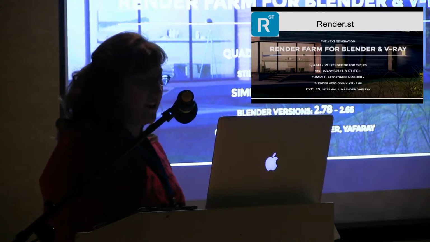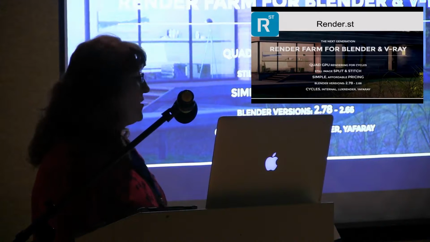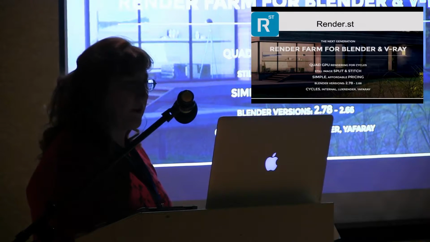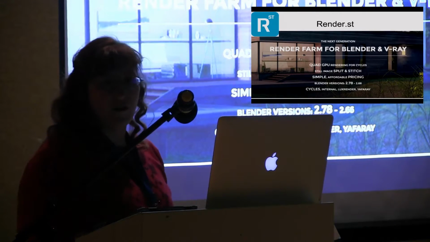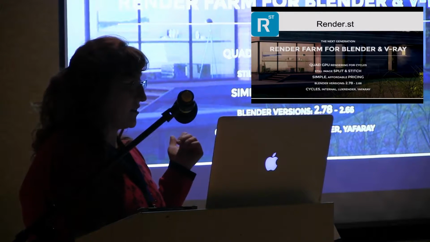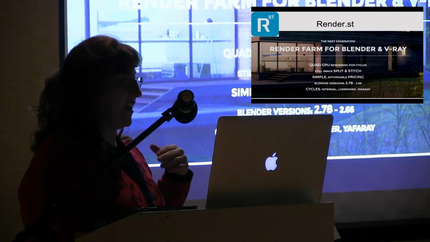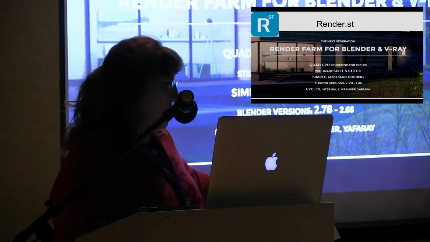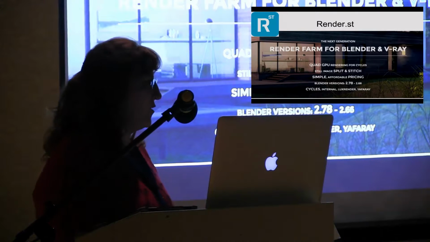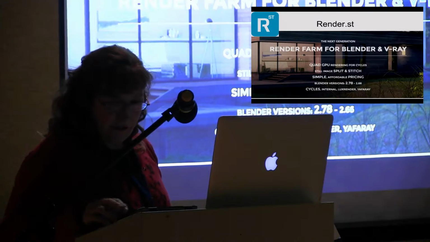And we found Render Street. It's a Blender rendering farm, and it was $50 a month, and you only pay for it when you need it. So for a group of students, this is a really cost-effective option, and it's fast. Like something that was gonna take 30 hours at our house on a single laptop, we'd have back in 30 minutes. It was really remarkably fast and efficient for the price.